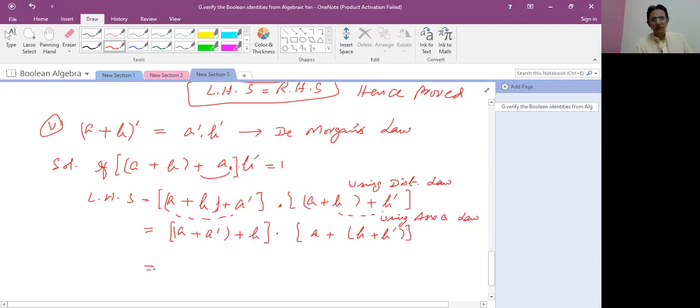and we use here a plus a complement, which is equal to 1, plus b, as you know, and b plus b complement, which is equal to 1. So using complement law with respect to addition.